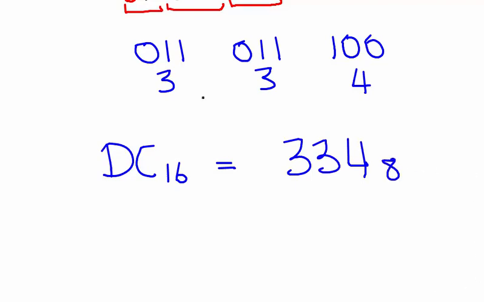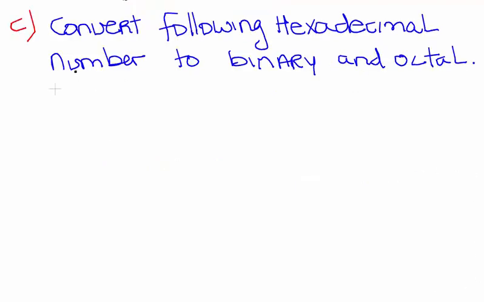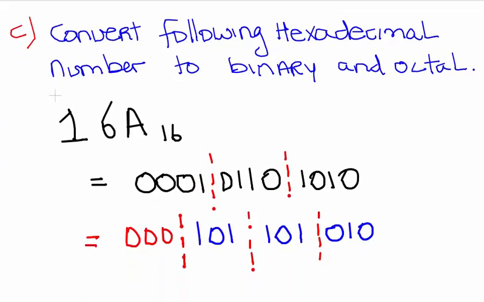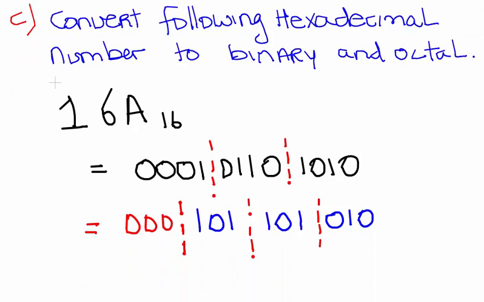Okay, we'll do one more. I was going to do a third one here, 16A to the base 16, but my pen slipped, so I'll recap a bit or do a second take here. So essentially I have 16A to the base 16, so 1 is 0001, 6 is 0110, and A is 1010.